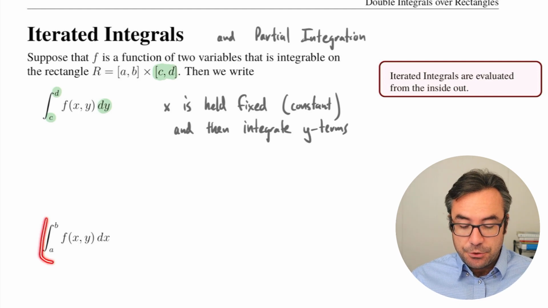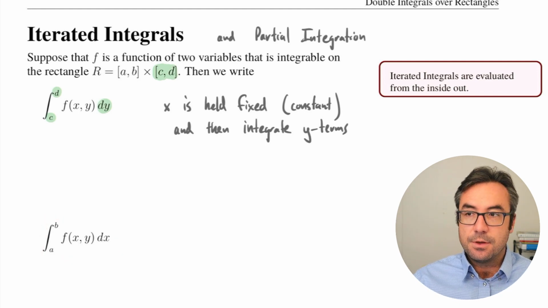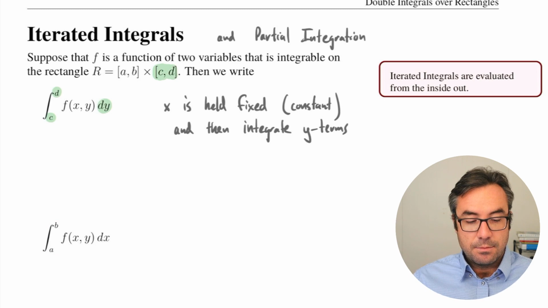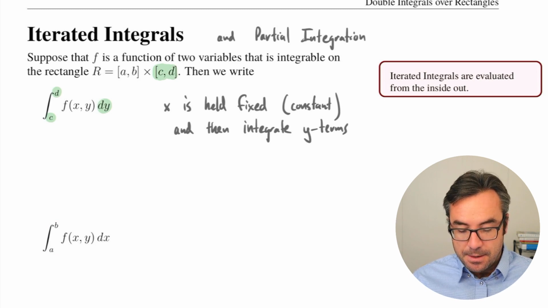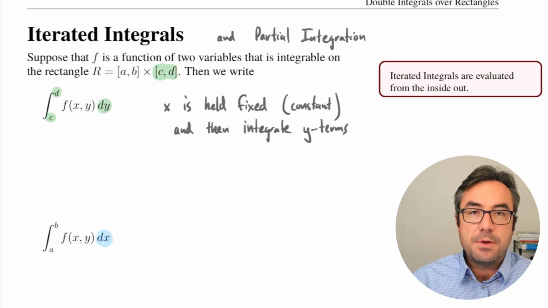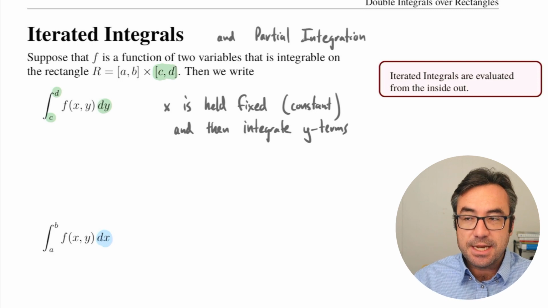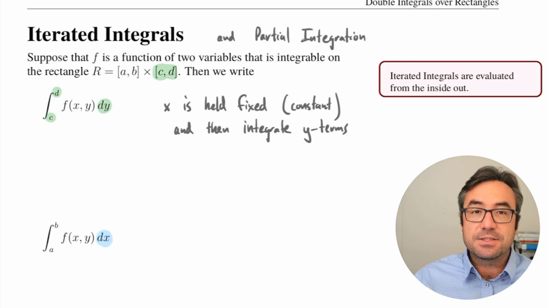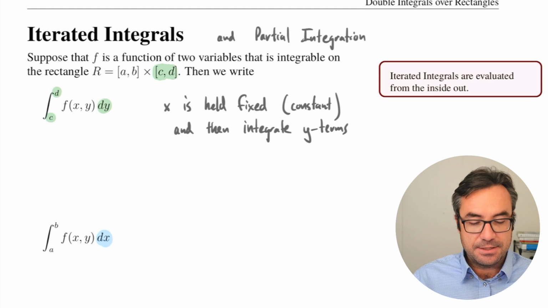We might also do, say, the x integral. We get that from the differential here, the dx. That's telling us we're going to treat x like the variable and y like the constant. So in this case, y is held fixed.